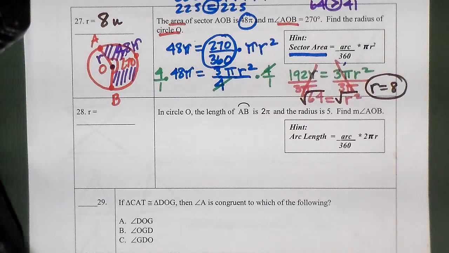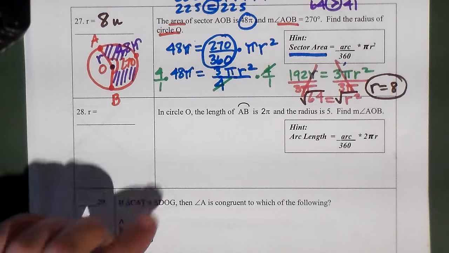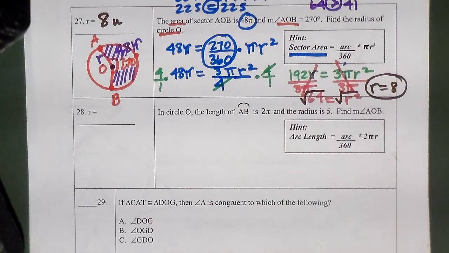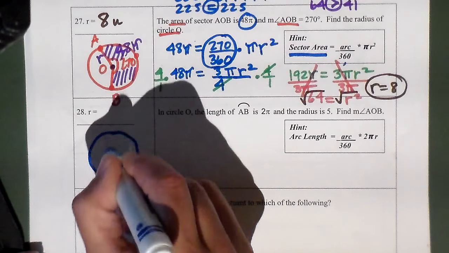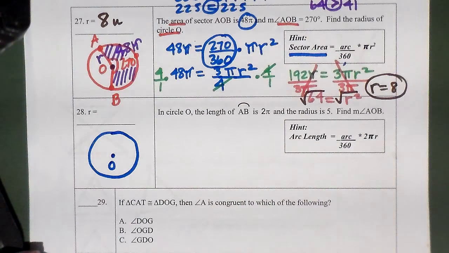Okay, so let's look at the second example. On the second example, we have circle O again. So I'm going to draw a different circle right here, and O is in the center.